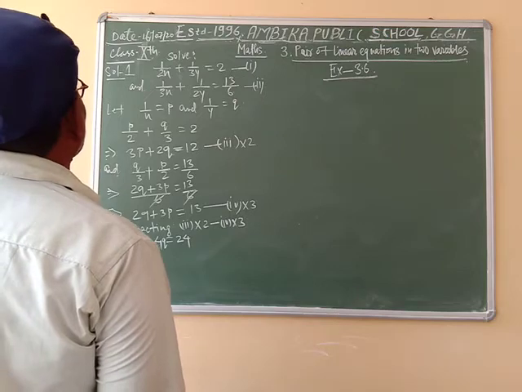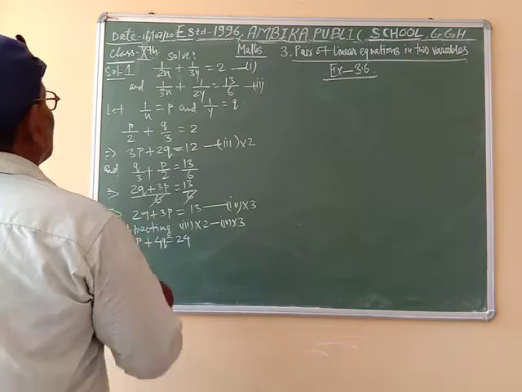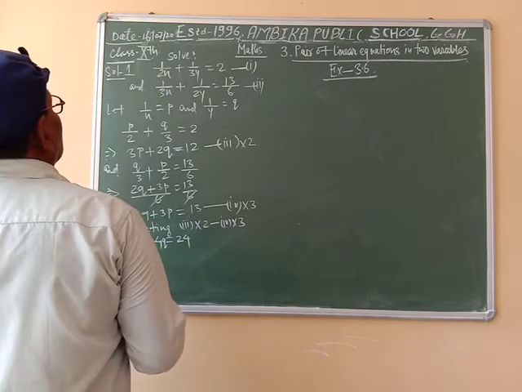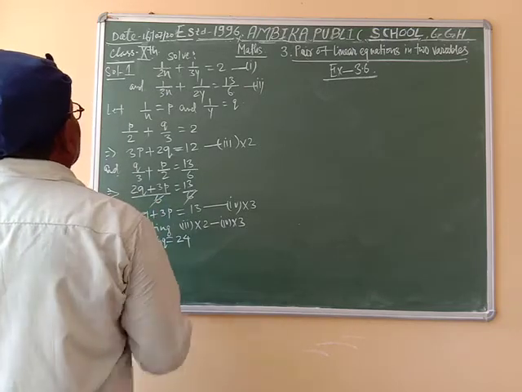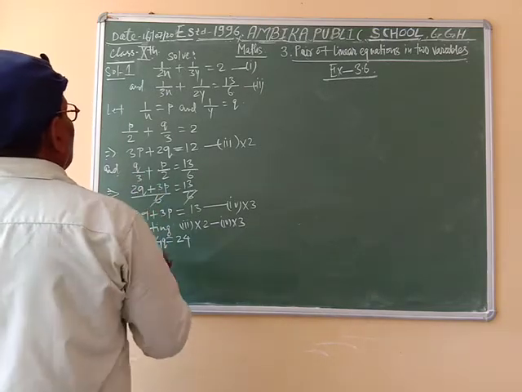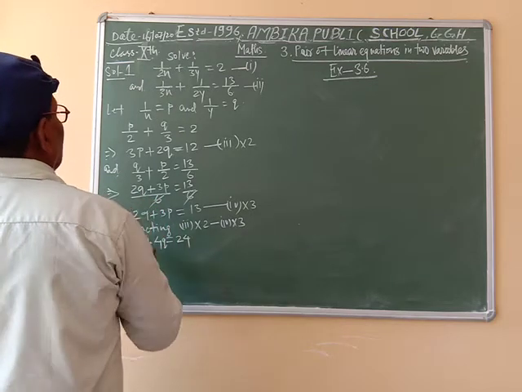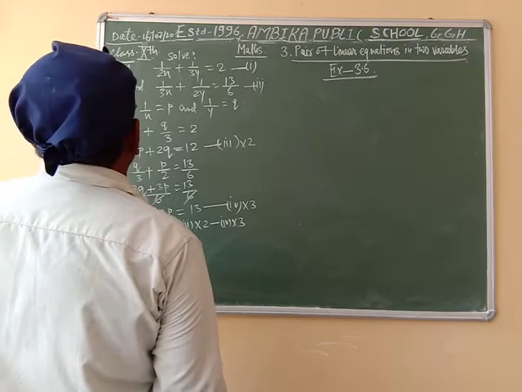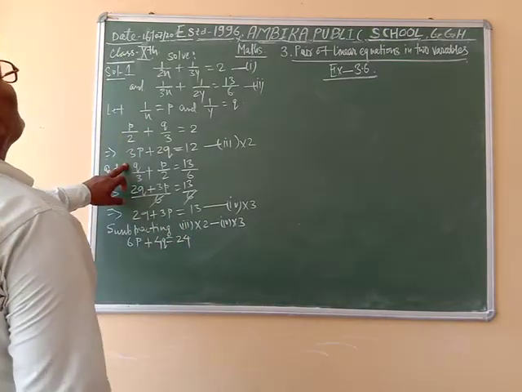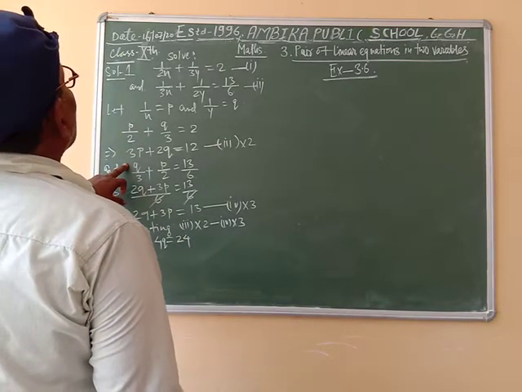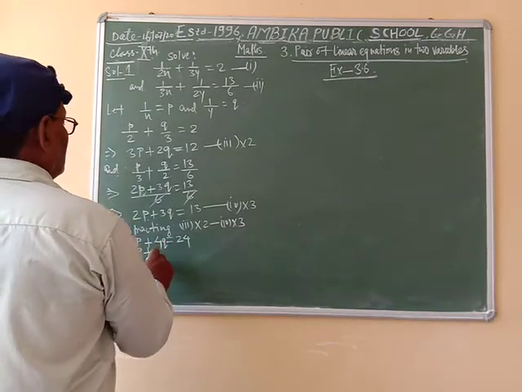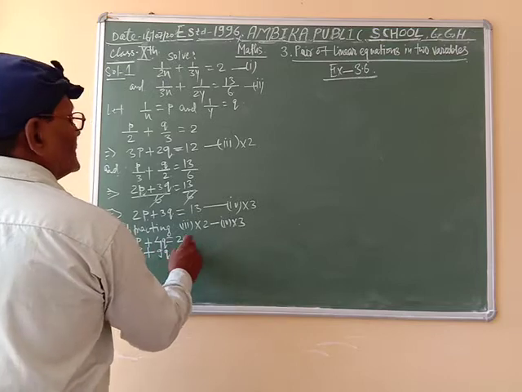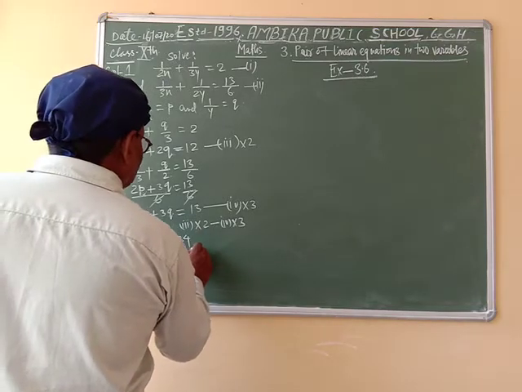and multiplying equation 4 by 3, we have 6p plus 9q is equal to 39.